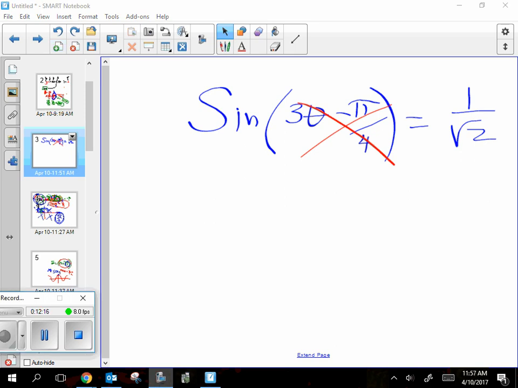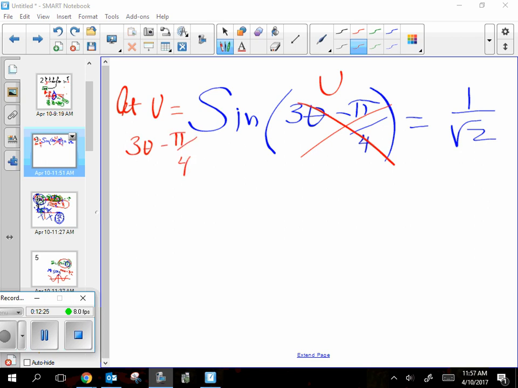Okay, let's see if you did it right. First off, I suggested you let u equal the 3 theta minus pi over 4 so that your life will be easier. Now I'm going to make sine be positive. All students take calc.